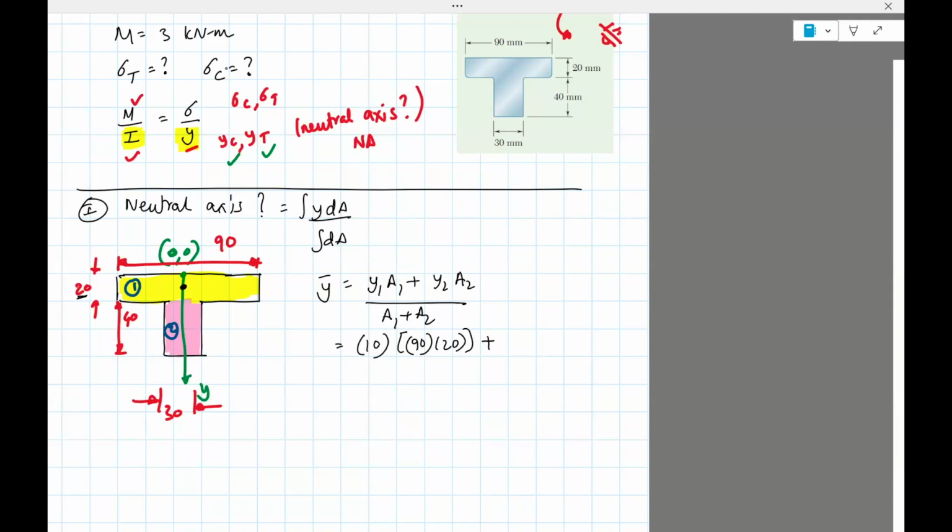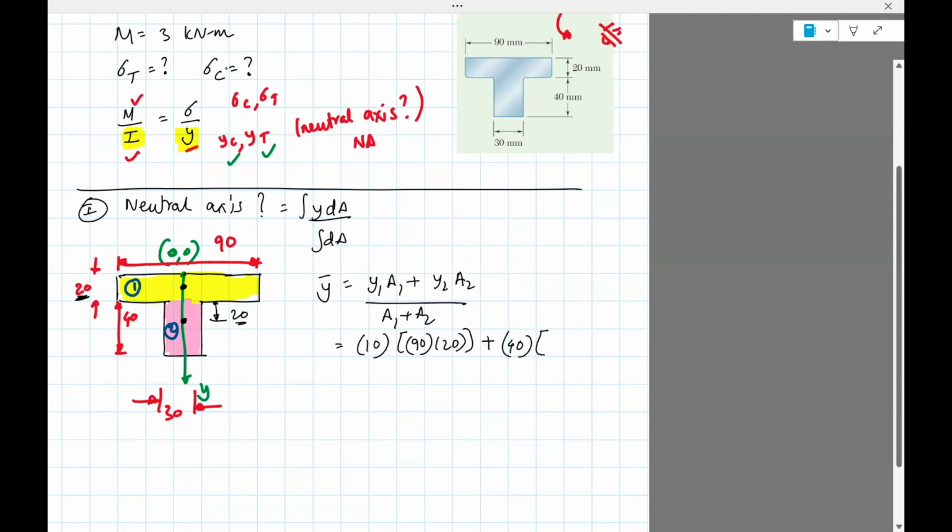For Y2, it's going to be the center of the pink, or the second rectangle. So you can see that this is 40, so this is going to be 20, but I need to find the distance from the origin. So from the origin, the distance is 20 plus 20. 40 is Y2.